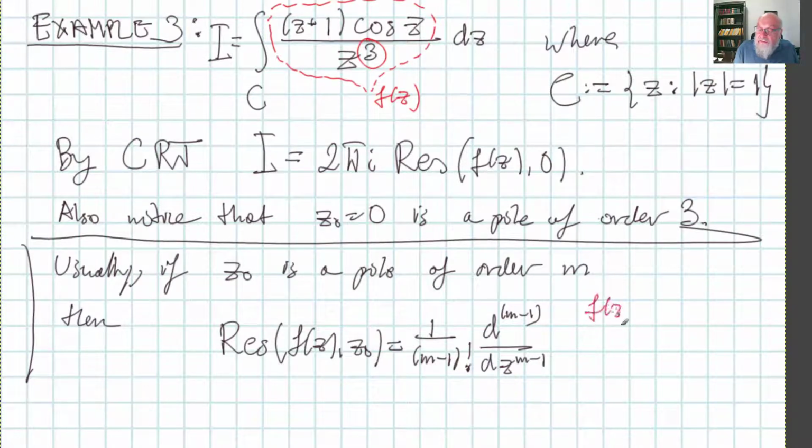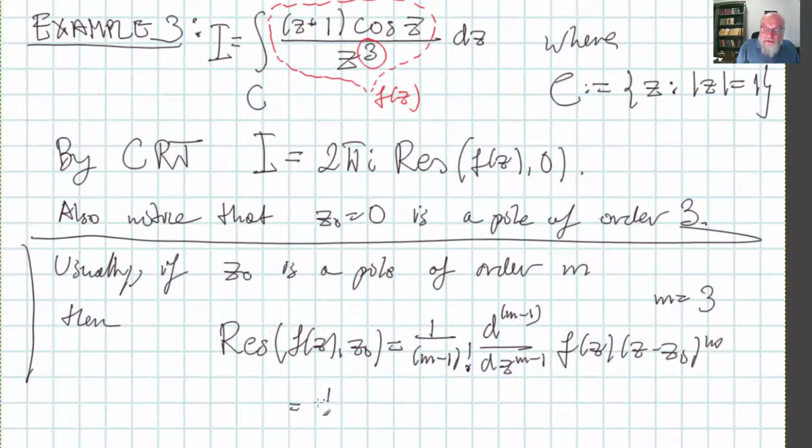Of f of z times (z minus z0) to the m. M in our case is 3.